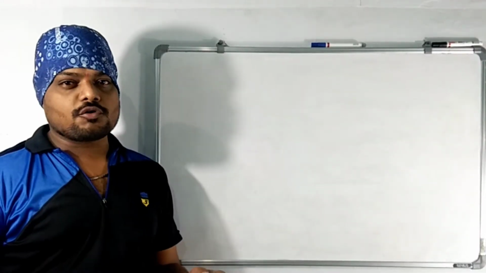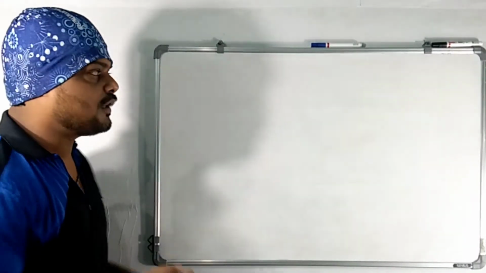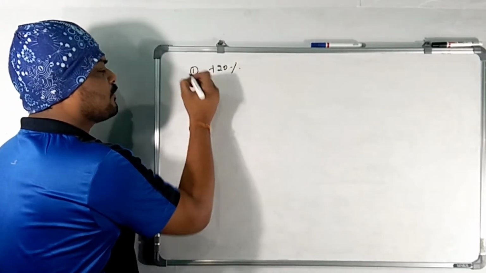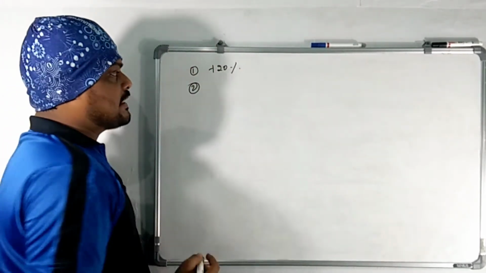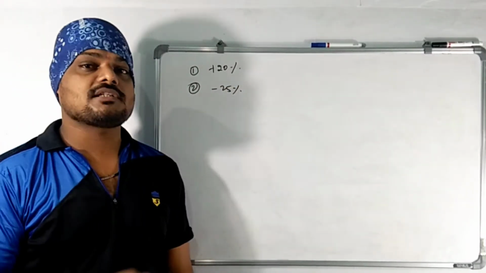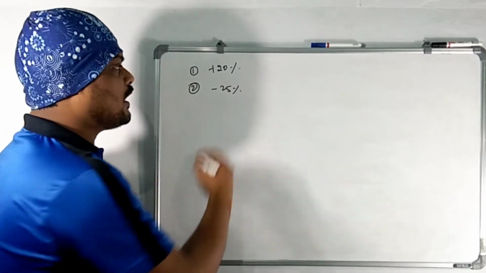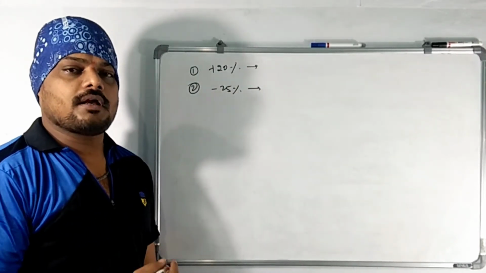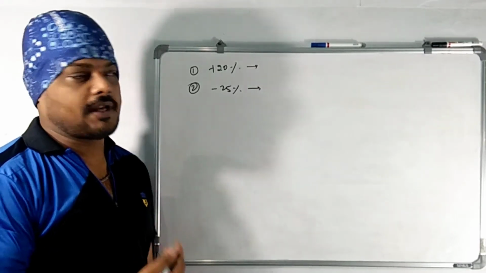Let us try to solve the question again at a glance. The given conditions are a 20% profit for the first article, and in the second condition, a 25% loss for the second article. Here I am converting the given percentages into fractions.